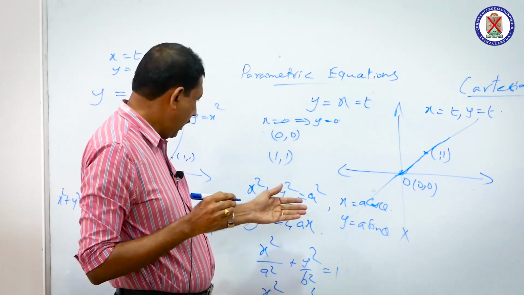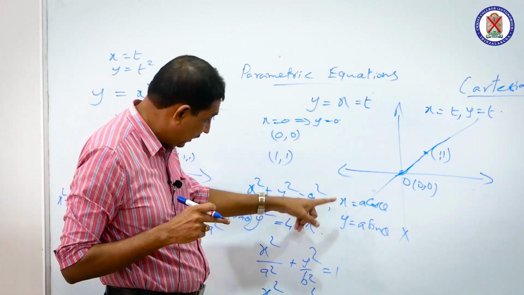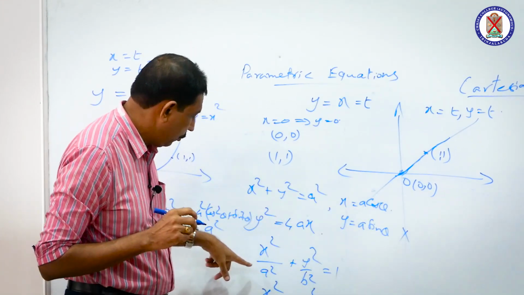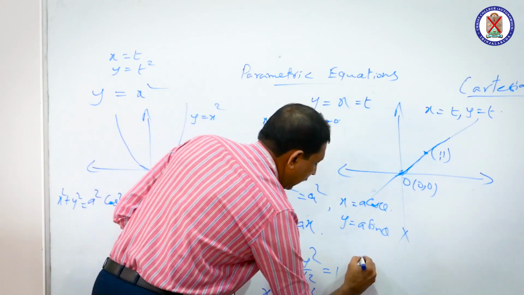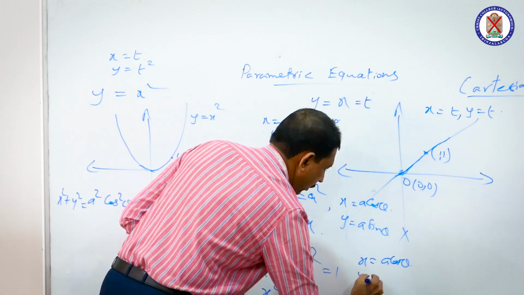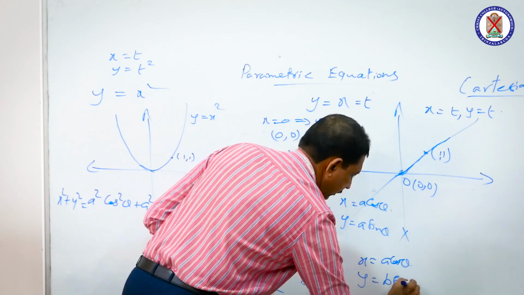Therefore we have a representation of x and y in terms of theta. Here also we have put x equal to a cos theta, y equal to b sin theta.